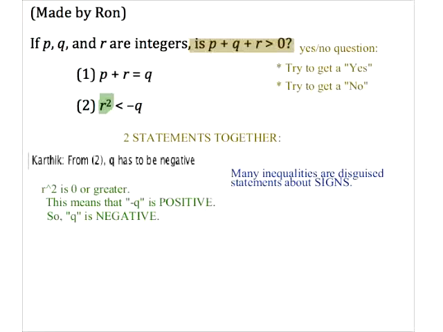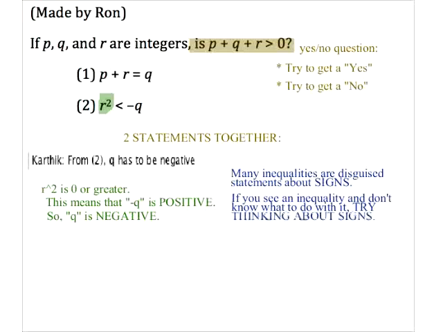Like if you see an inequality and just don't know what to do with it, then try thinking about signs. That won't necessarily get you everywhere that you need to get. The last problem, for example, that's not going to really get you places. But here it will. So Q is a negative number.